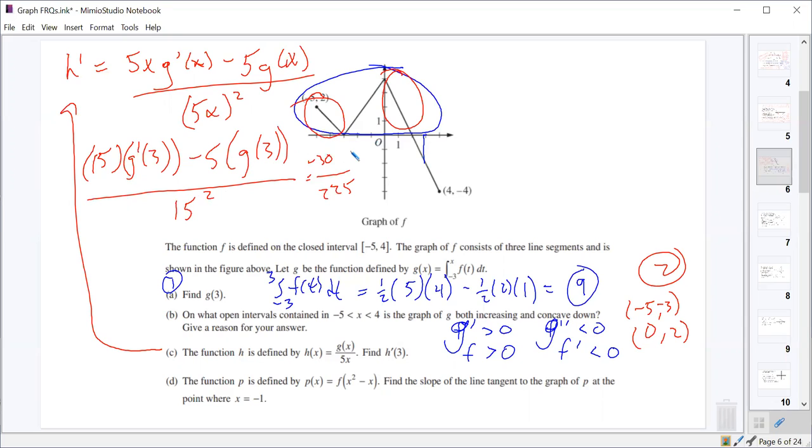And then minus 5 times g of 3, which was 9, so minus 45. So we got -75 over 225, which I believe reduces to -1/3. And that was 3 points. 2 points if you got the derivative, 1 if you found the value at 3. Good or no? Any questions on that?